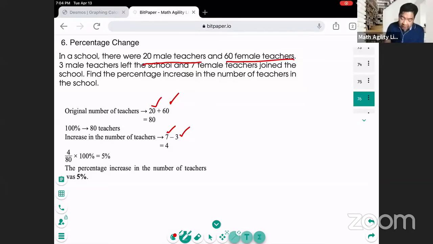So this 4 is what part of 80? So 4 over 80 times 100% is 5%. It's similar to how we solve it. The only difference is there's no use of representation or variables in Singapore Math.